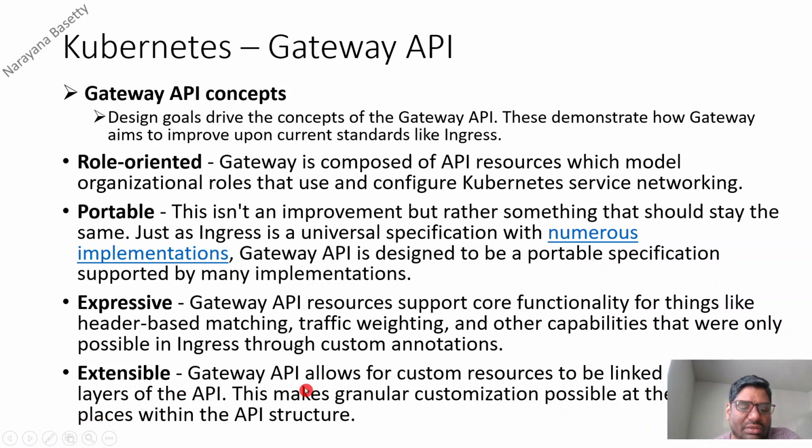And extensible. Gateway APIs allow for custom resources to be linked at various layers of the API. This makes granular customization possible at appropriate places within the API structure. You need to understand what extensible means: in the computer networking world, there are 7 layers.